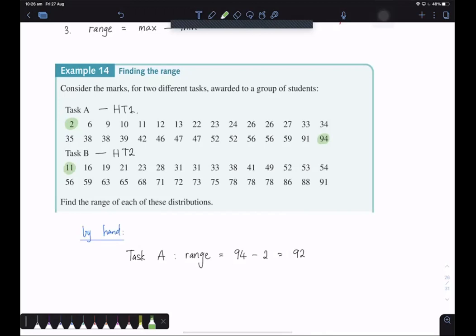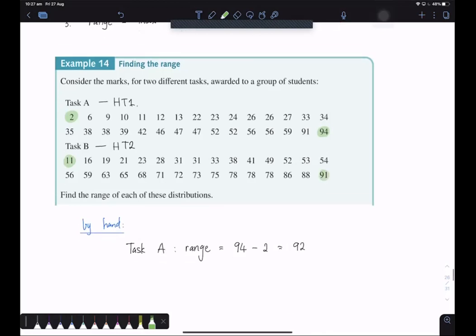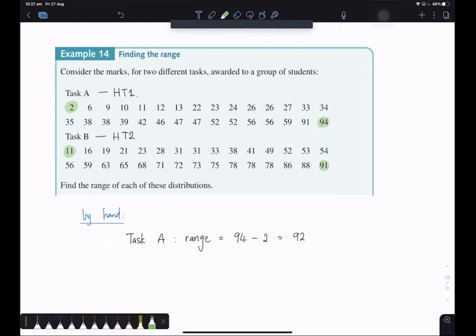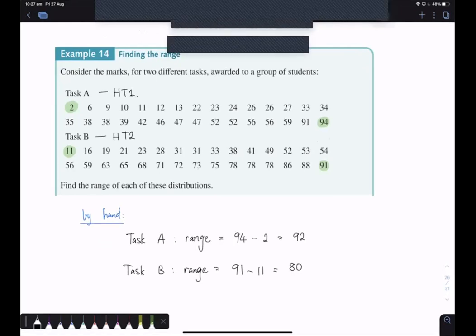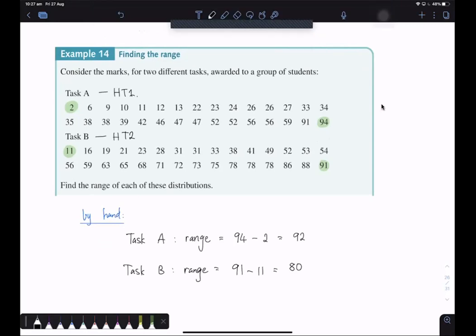You can see here the lowest and the highest value for task B. If you want to calculate the range, take the largest number, 91, and subtract the smaller number, 11. 91 minus 11 is 80. So which one has a tighter or more narrow spread? Task B, because it has a smaller range. We're only going from 11 to 91.